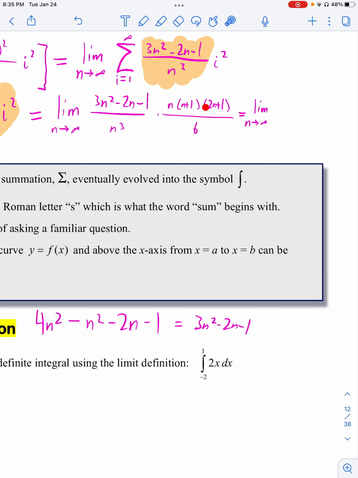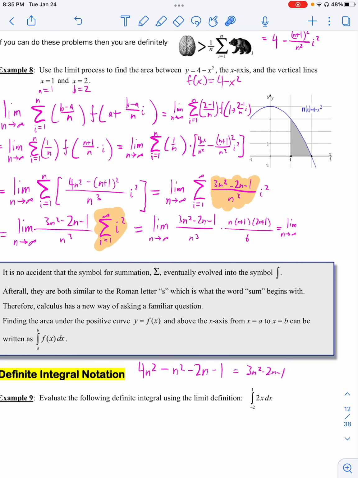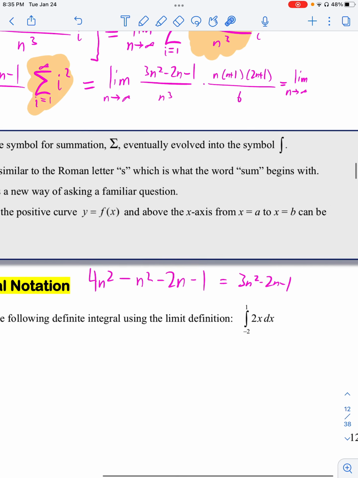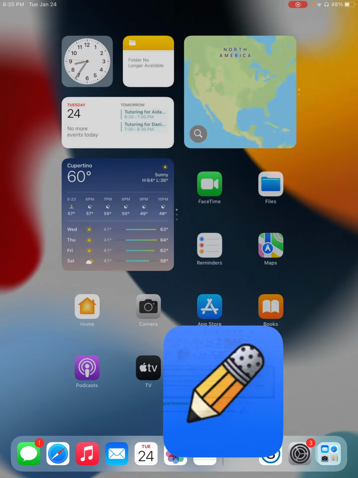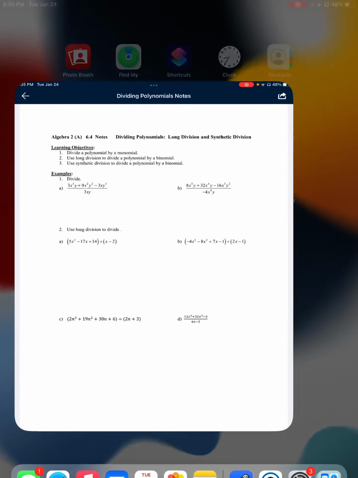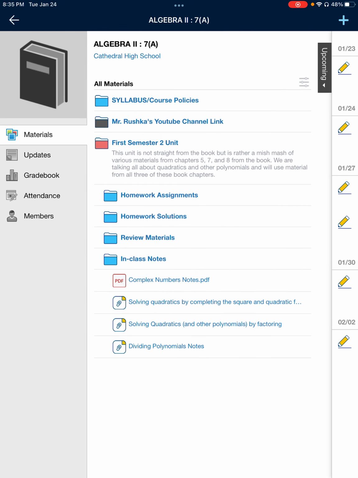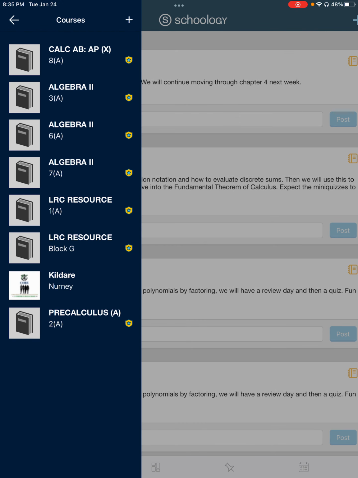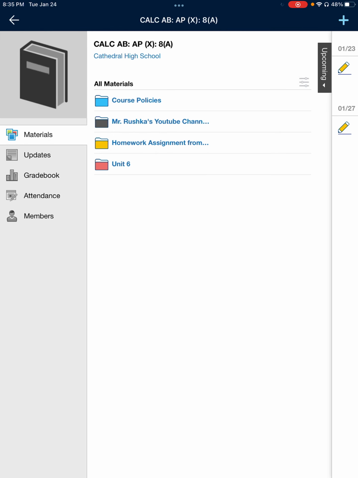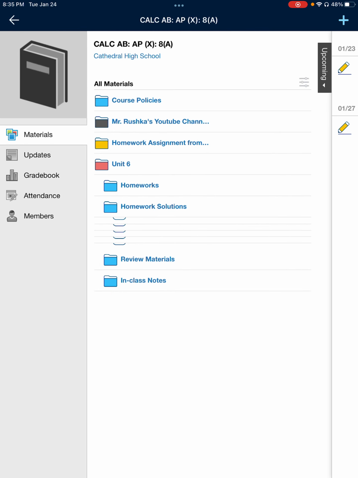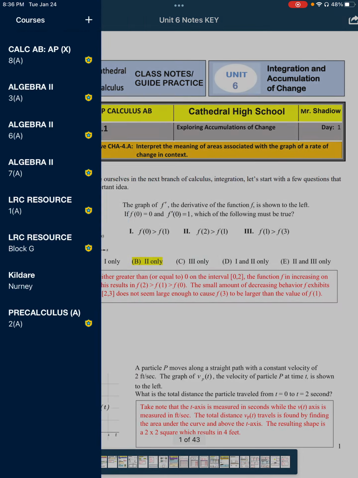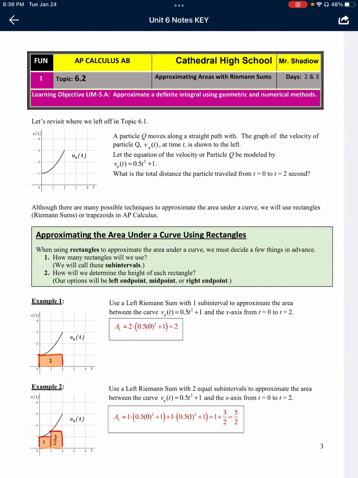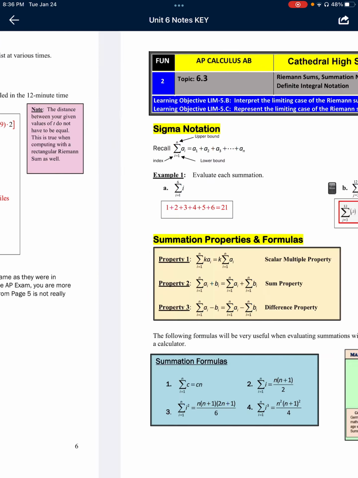What's the degree of the top going to be? The degree of the top is going to be way bigger, isn't it? What does the answer key say it converges to? I'm going to skip the loads of algebra in the interest of time.